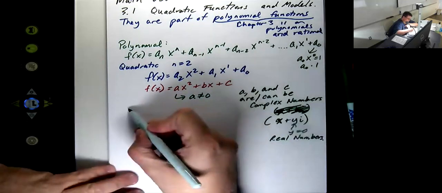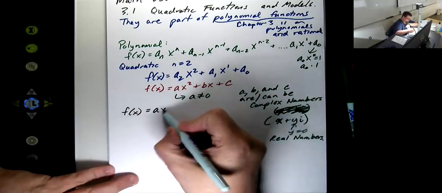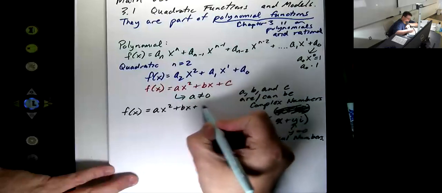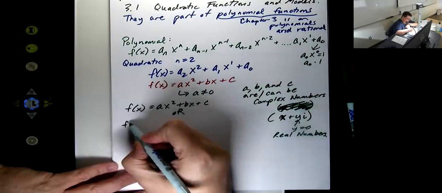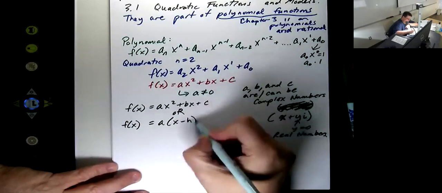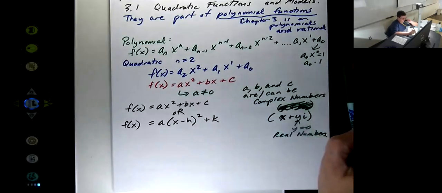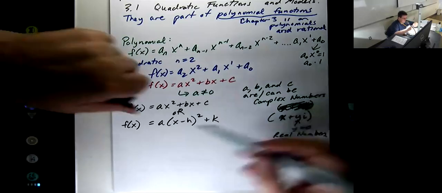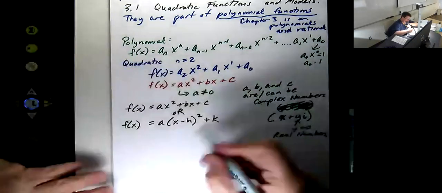Now we can have a function as written in ax squared plus bx plus c form, or we can write it in a shifted format, a times x minus h squared plus k. This is similar. This is what we did in 2.7.